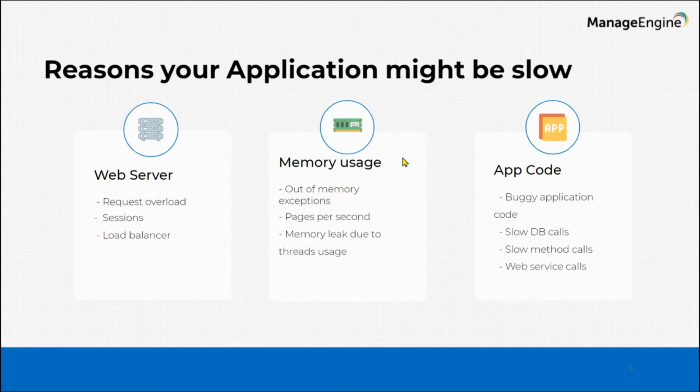Slow method calls or slow third-party API systems, all these impact your application and cause slowness. In today's session, we will be focusing on how to overcome these problems using Applications Manager.